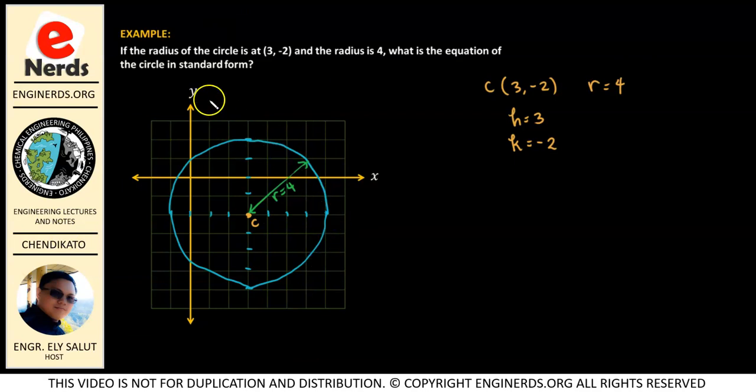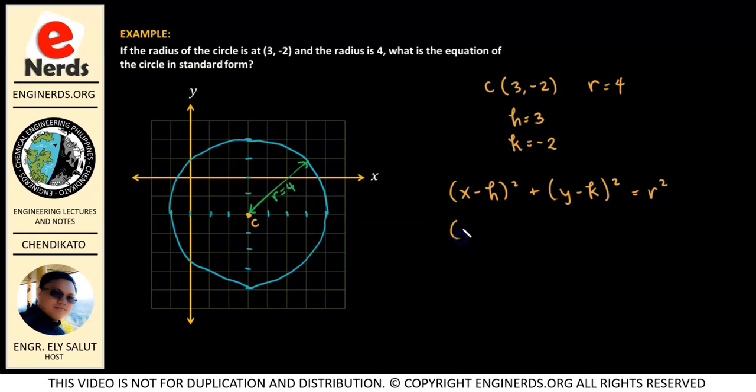Now we are going to write the equation in standard form. Okay, so ano nga uli yung formula ng ating standard form? We have x minus h squared plus y minus k squared is equal to r squared. Okay, so substitute natin ang mga values natin dito.